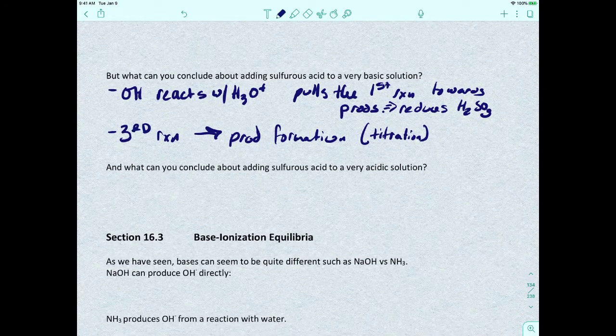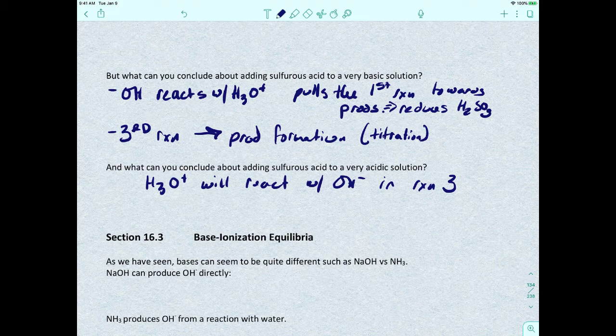And what can you conclude about adding sulfurous acid to a very acidic solution? Well, we know that H3O+ will react with hydroxide ion, OH minus, in reaction 3, and it actually pushes all three reactions to the left to favor reactants.